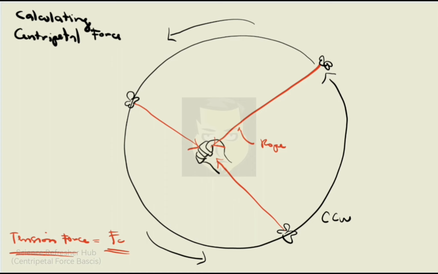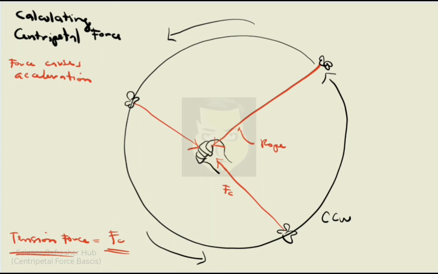Okay, and another thing, since we already have the centripetal force in our situation here, and force causes acceleration. In this case, acceleration is our centripetal acceleration to be specific.